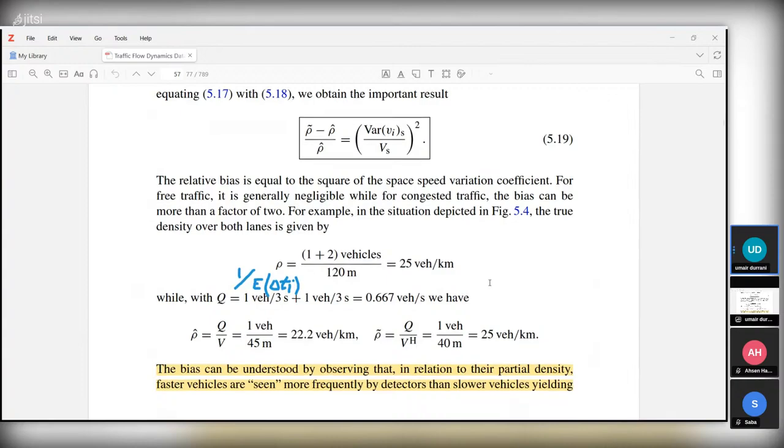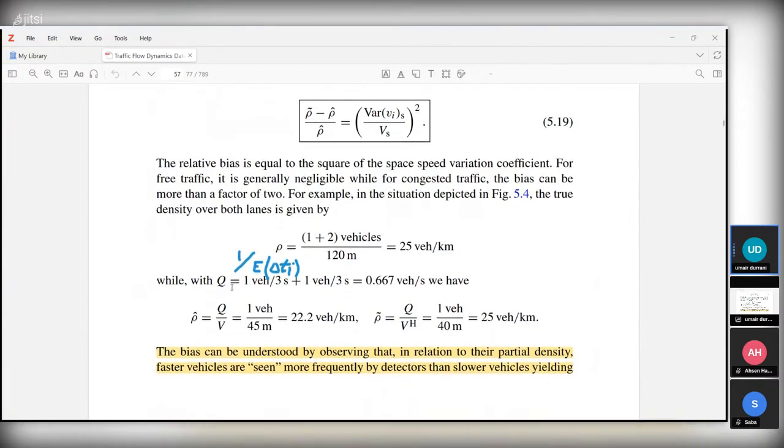That's the true density. Now, using the relationship between the traffic flow and the microscopic flow, or the space headway, sorry, the time headway, delta ti, if we get all the time headways and we take an average of that, that is the expected value of delta ti.